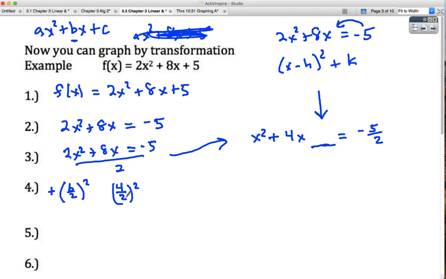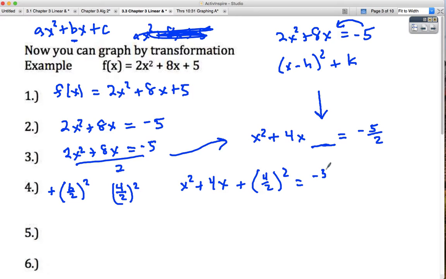Now I leave it like this so I know what step I've come from, and I know that this is b over 2, because it's easy to mix these numbers up when we put them in the parentheses. So I'm going to add 4 over 2, which is 2 squared, which is 4, to both sides. So let's do that. I'm going to add the 4 over 2 squared to both sides.